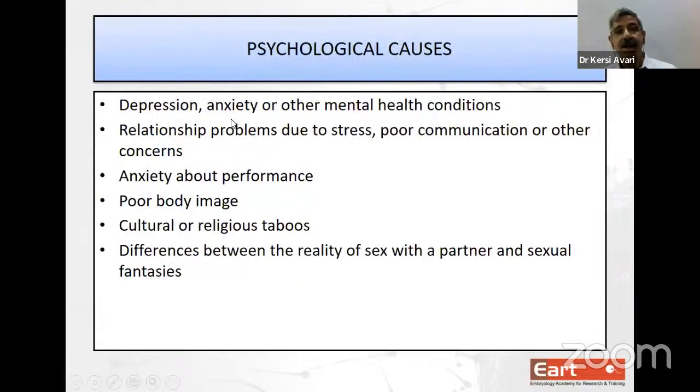Now this is it. Depression, anxiety, or other health issue, relationship problem, poor communication between the couple, always having a prior anxiety. What about my performance? A poor body image, religious taboos, or differences between the reality of sex with a partner and the sexual fantasies.